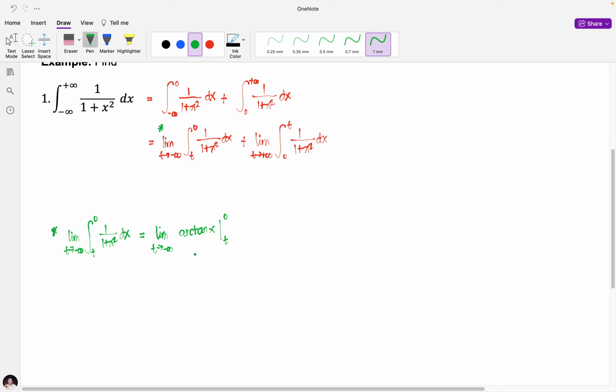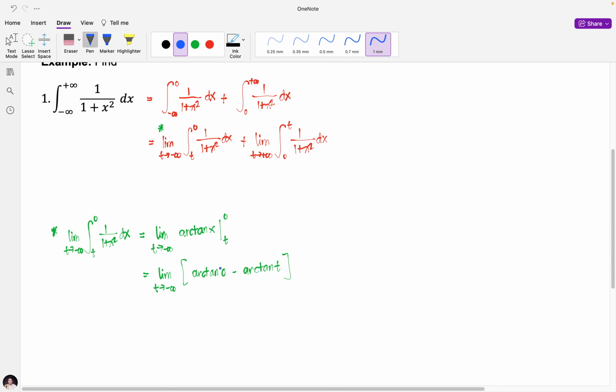From that, this is just equal to the limit of arctan of 0 minus arctan of t as t approaches negative infinity.